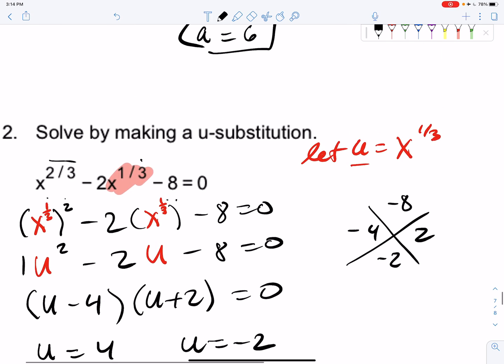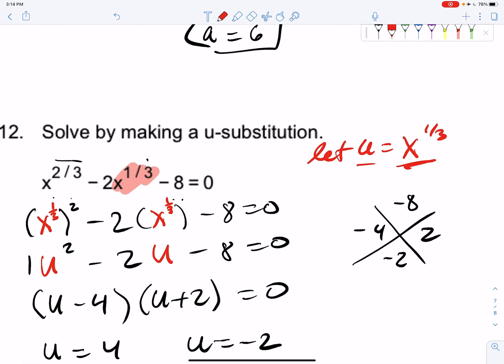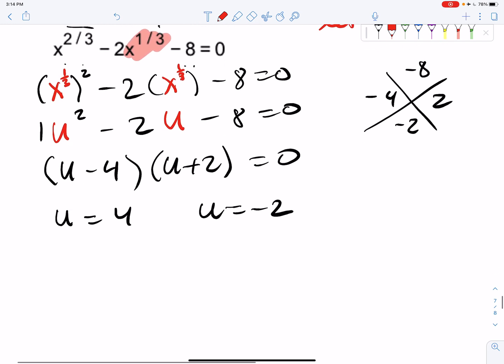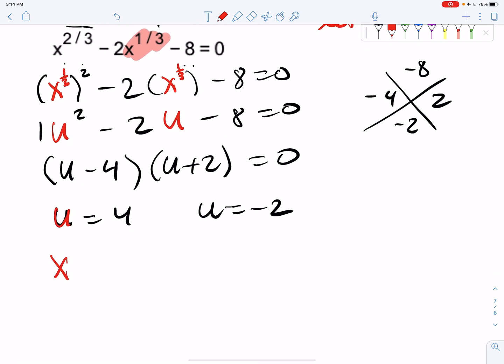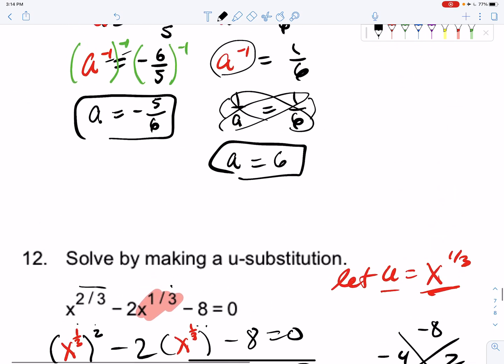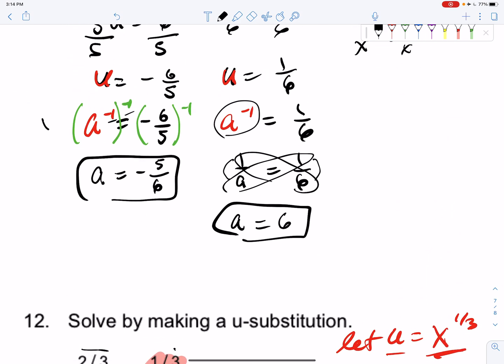Now what was our u sub? Replace u with x to the 1/3, and copy down the rest of the equation. Now, using the idea back here, that basically said I had a to the -1st, and how can I turn a -1st into a 1st power?